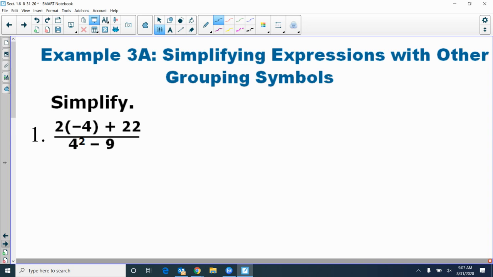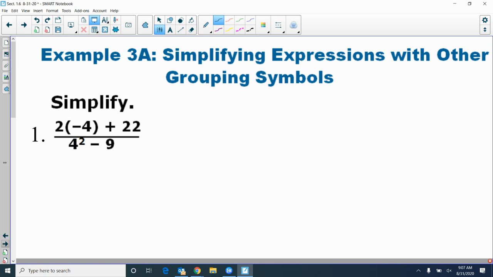All right. Now, when we talk about grouping symbols, we have parentheses, we have brackets, we also have fraction bars. Fraction bars are another example of a grouping symbol where I need to do everything on top and everything on bottom before I can do anything between the two. Okay?